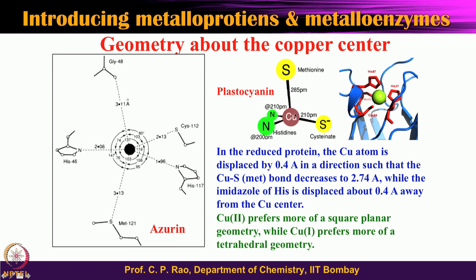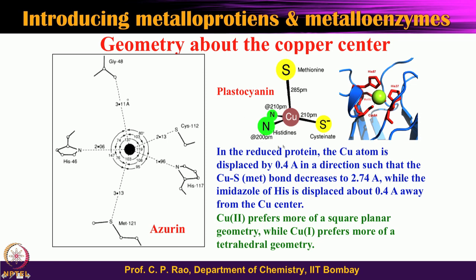Now, when copper 2 plus receives an electron and is reduced to copper 1 plus, you get a reduced protein. So electron transfer occurs between copper 2 plus and copper 1 plus. Then when you have copper 1 plus, this methionine sulfur comes closer by at least about 0.4 angstroms, and one of these histidines goes a little farther away.